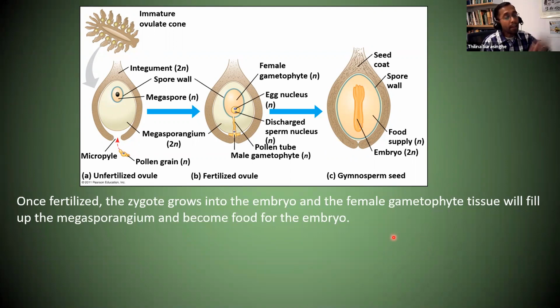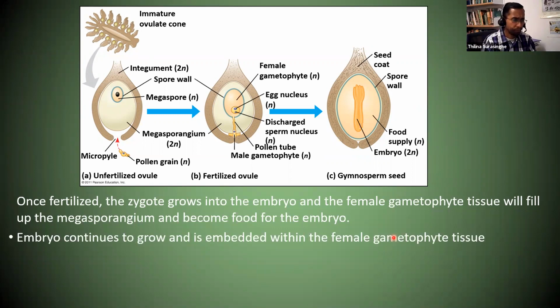Why is the development of the female gametophyte upon fertilization important? Because that will become the nutritive tissue, the food reserve. It will be filled with starch, in certain cases with protein, in certain cases with lipids. So that will provide nourishment for the developing embryo.